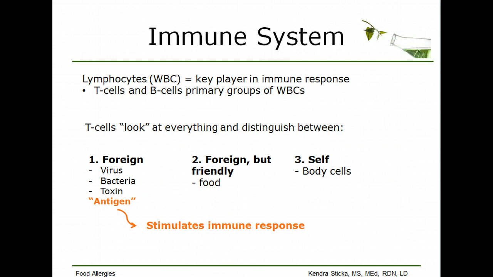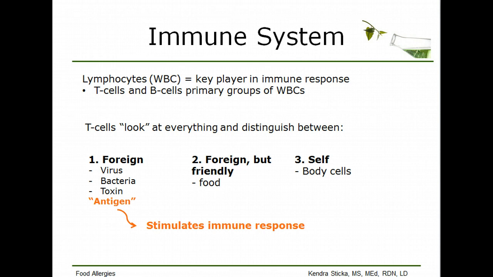As we talk about allergies and intolerances, particularly allergies, I think it's helpful to review a little bit about the immune system. Remember, lymphocytes or white blood cells are really a key player in the immune response. The primary groups of white blood cells are T cells and B cells. You often hear about those different types of cells when you're talking about the immune system.